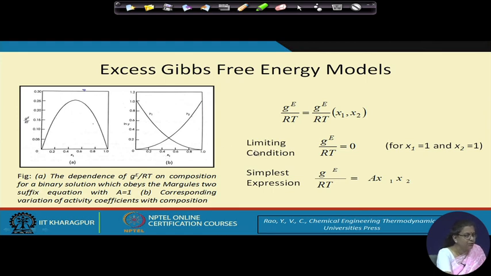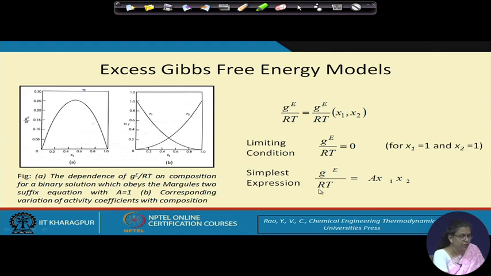And this parameter A can be 0, when it reduces to an ideal solution. It can be greater than 0, or positive, which signifies G by RT is positive, or a positive deviation from Raoult's law. It can be negative, which signifies a negative deviation from Raoult's law.